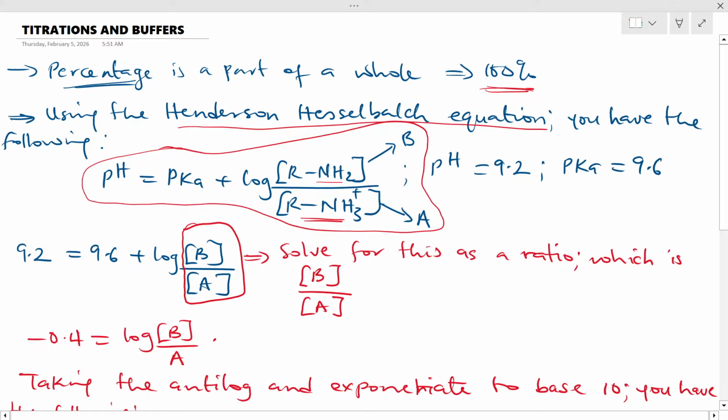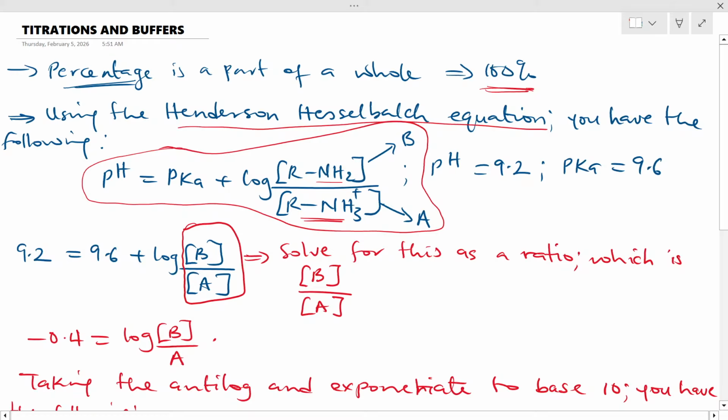Now, in this same reaction, we have a pH of 9.2 and what? pKa of 9.6. So we are able to bring out all the parameters. What you simply do next is to apply the parameters: pH 9.2, pKa 9.6, log the base over the acid.